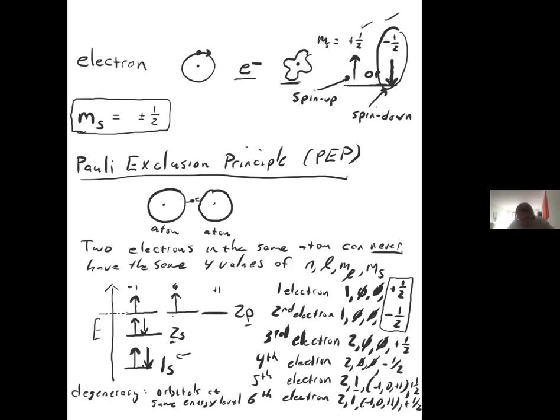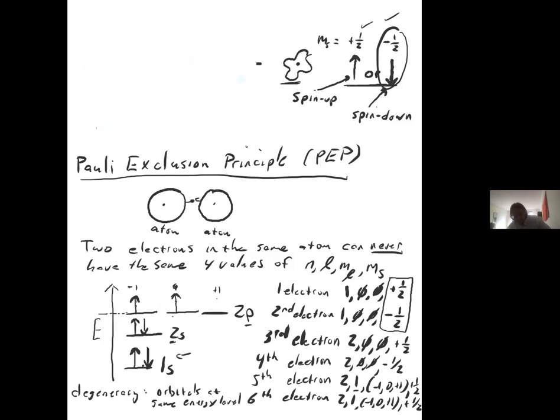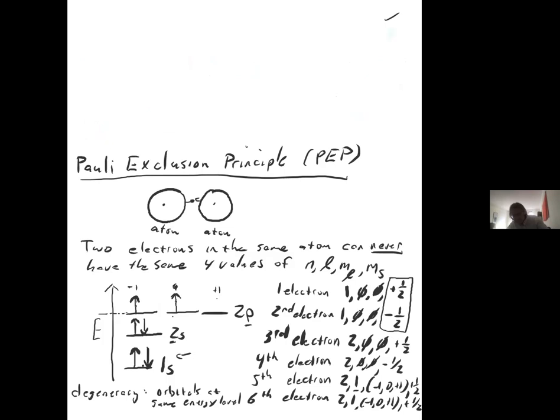Now, this tendency for them to spread out across the subshell, that's called Hund's rule. So let me write that down for you. So Hund's rule, this is for degenerate orbitals.